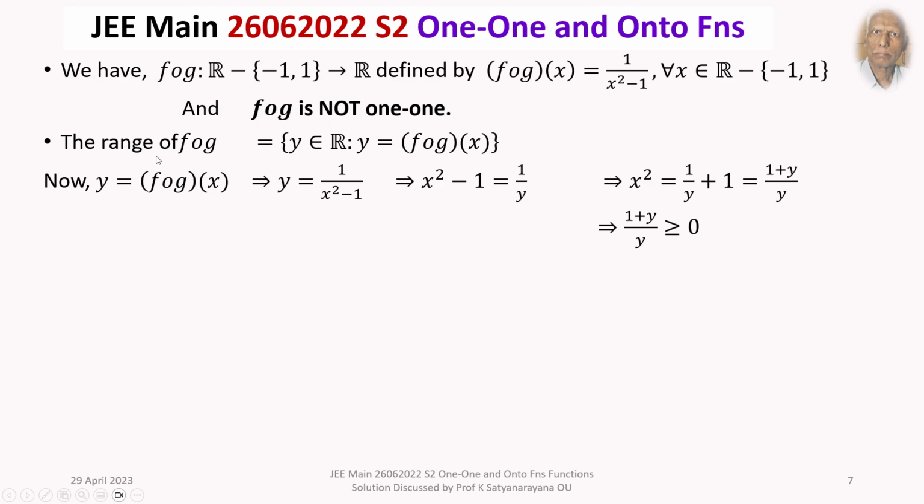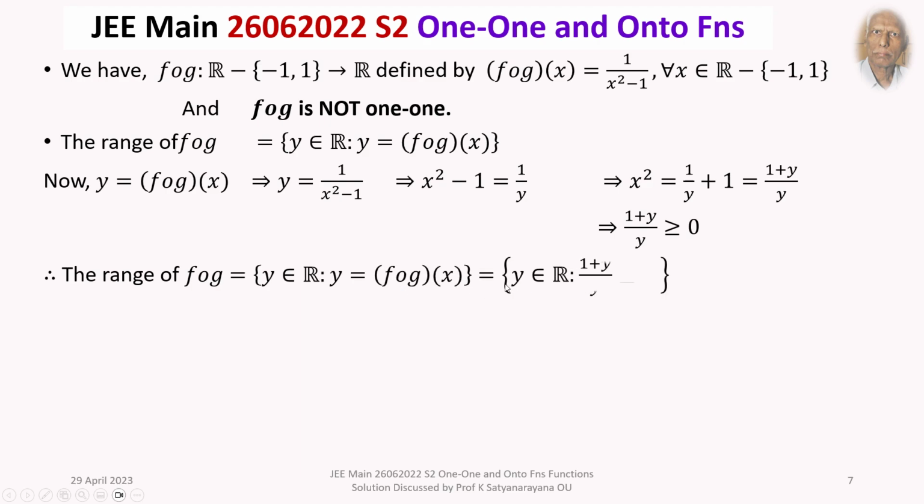So let's go and talk about the range of f composed g. The range of f composed g is the set of all y belongs to R, because we are in the codomain, such that 1 plus y by y is greater than or equal to 0. So if y is greater than 0, that is y is positive, then 1 plus y is positive by y positive. So that means it is 0 to infinity.